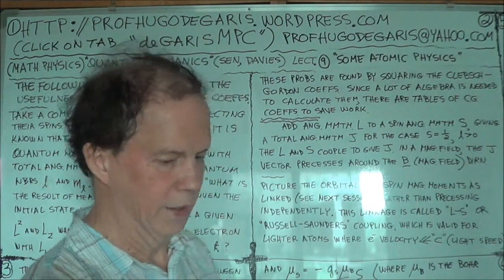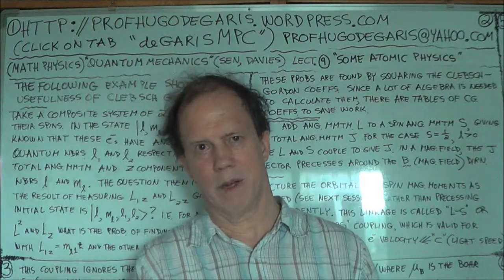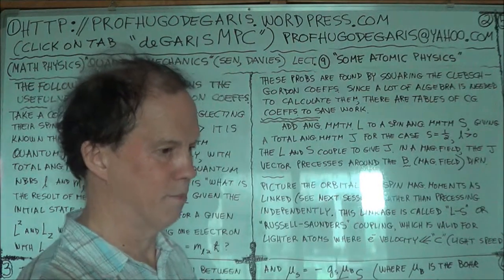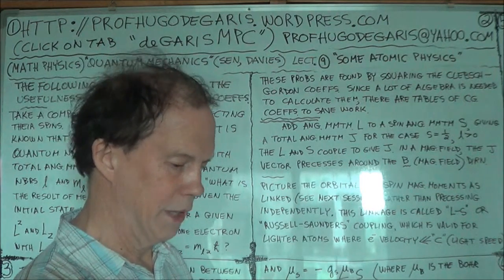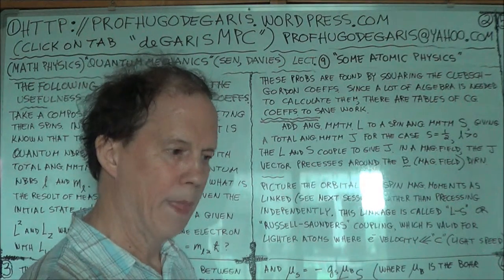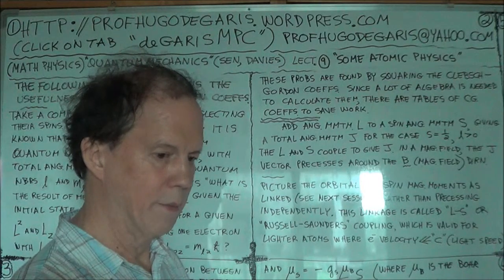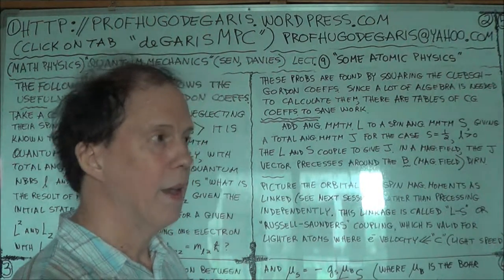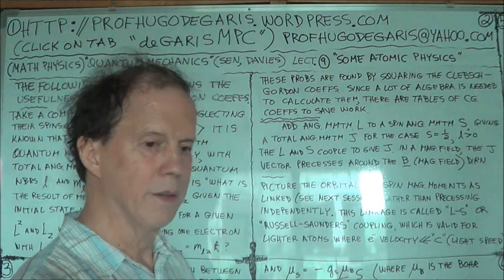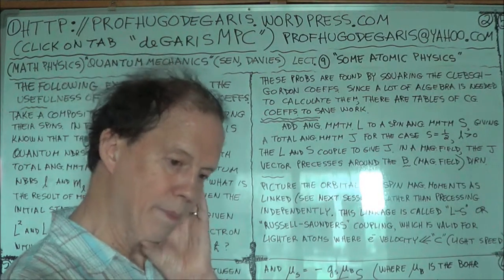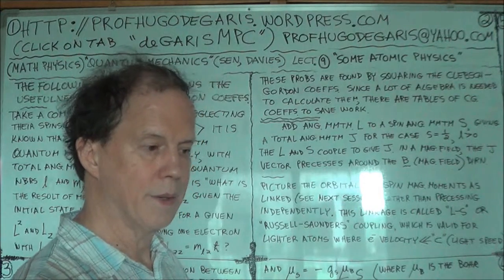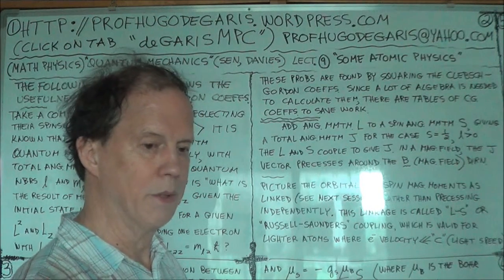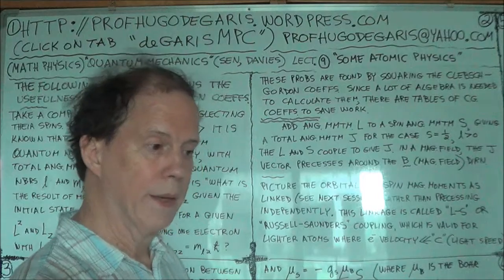So the electron has a magnetic moment from its spin, and it's looping around the nucleus as well, so there's an orbital angular momentum, and a magnetic moment due to that as well.